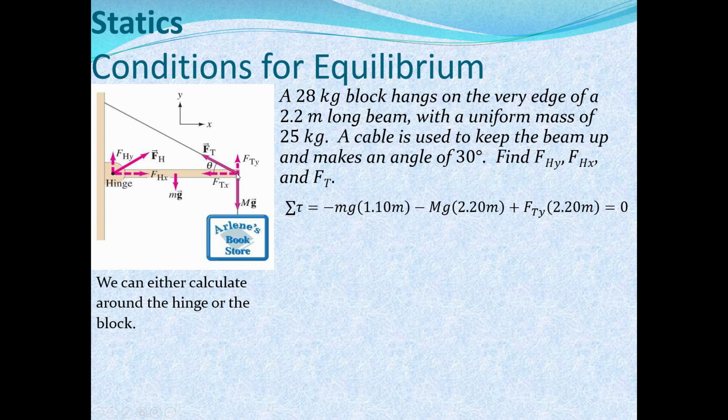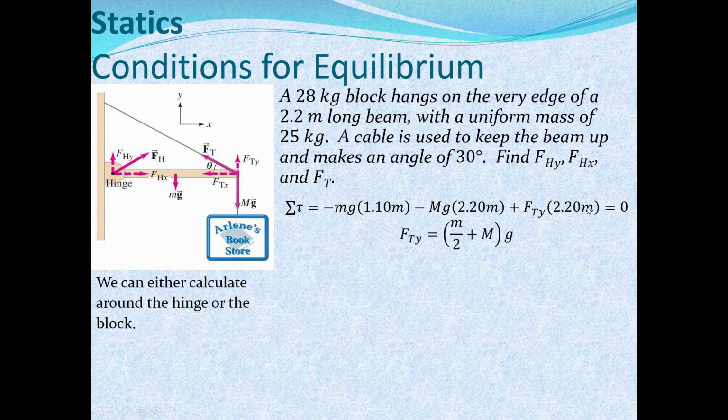Continuing on, I have the sign also pulling it clockwise, so I get another negative torque, mg times 2.2 meters, and then I have the vertical component of the tension at 2.2 meters. Now, the reason I'm not doing the FT sine theta here is just because I'm going to need to find this vertical component anyway, so might as well make my life easy right now.